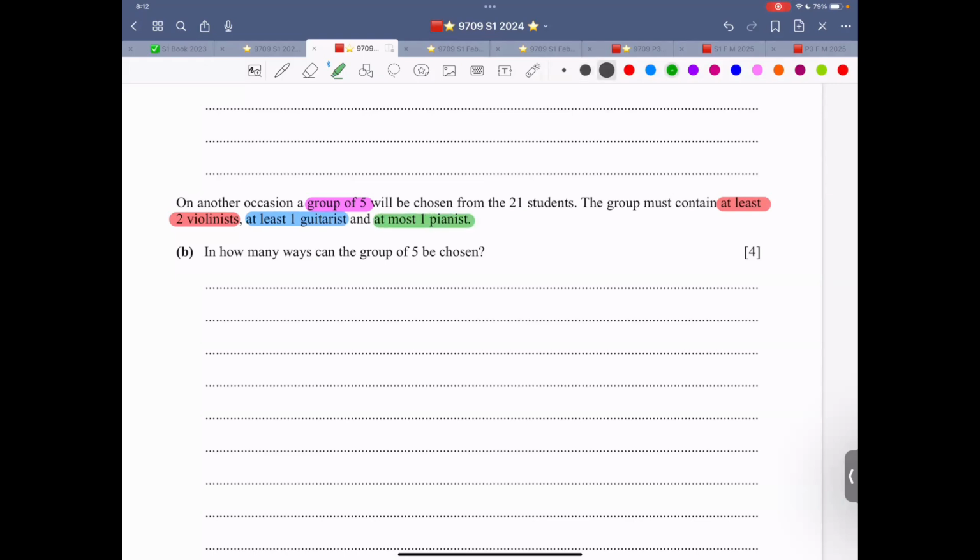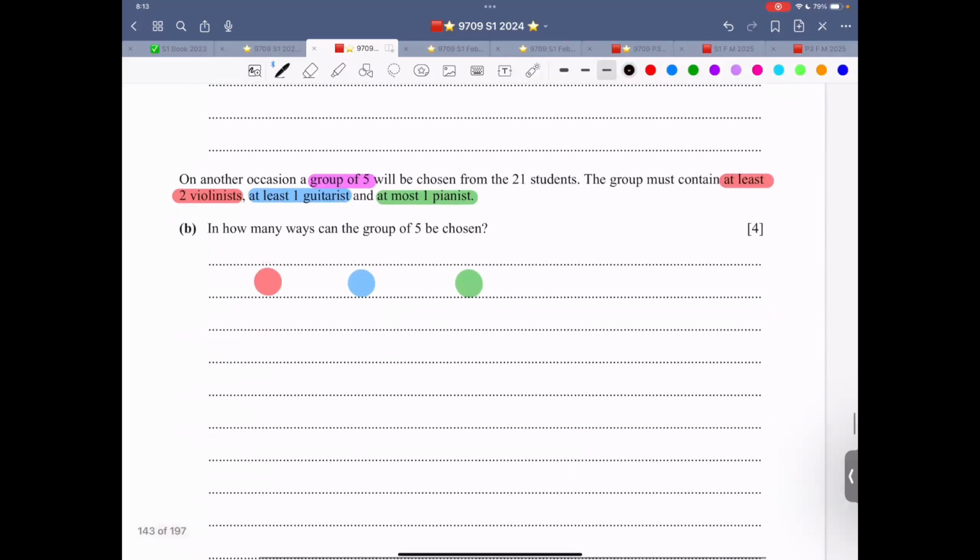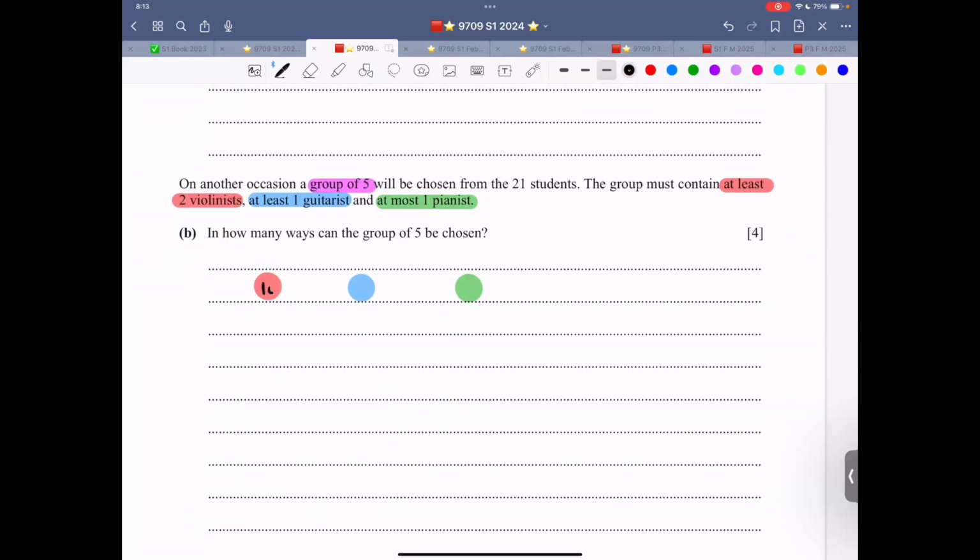Got the idea? So therefore, let me write over here the 3 options. This is how many are V? 10, 6, 5. So this is V, this is G, this is P, this is 10, this is 6, this is 5. Now, there are different kinds of options.